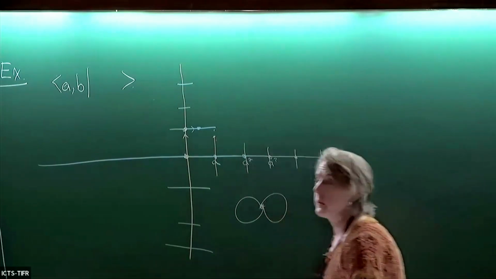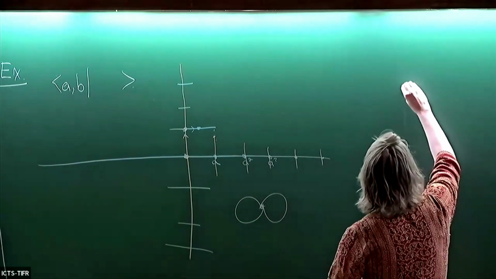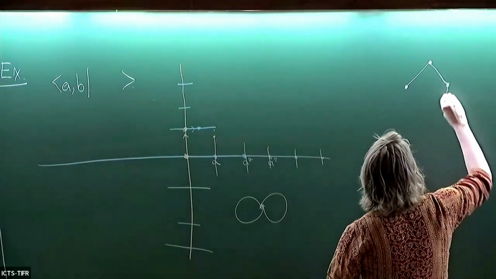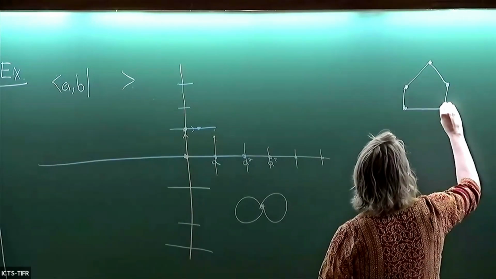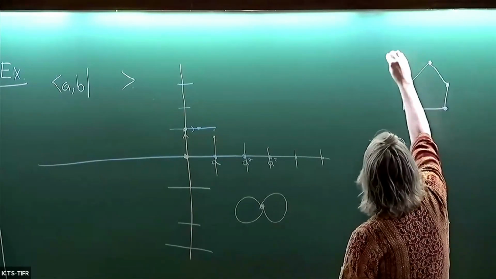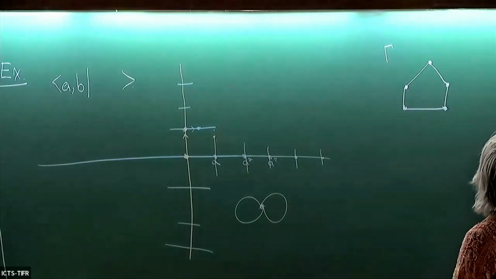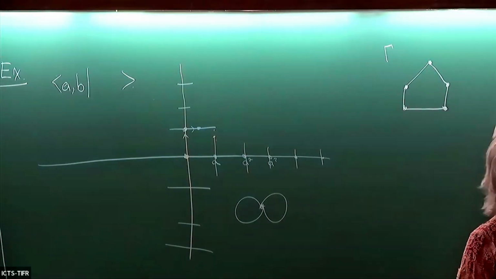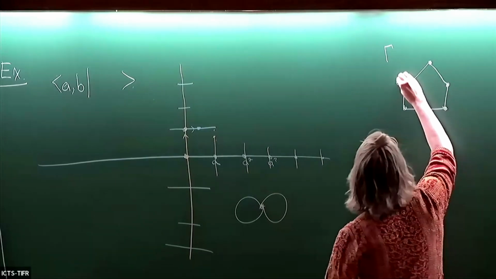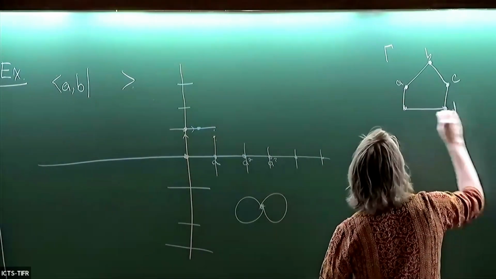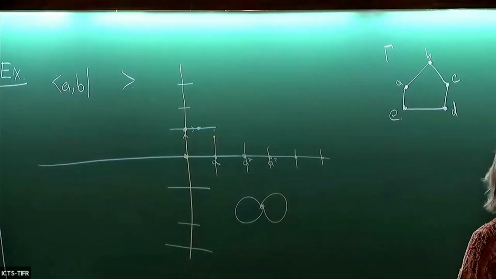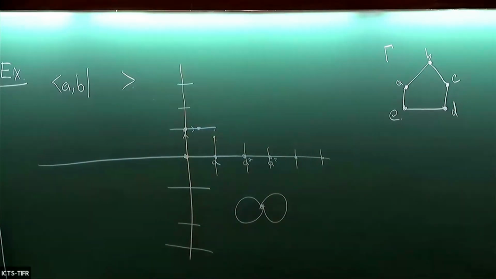Another key example is going to be reflection groups. Given any graph gamma, I can find the right-angled Coxeter group G of gamma, where I take the group that is generated by the vertices, and also I want to have the relations.